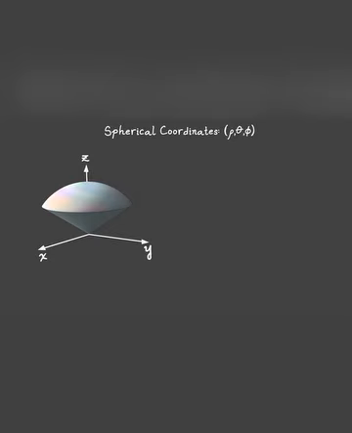And lastly, for phi, since this cone forms a 45-degree angle, or a pi over 4 radians angle with the xy plane, we're going to say that phi, starting at the positive z-axis, is between 0 and pi over 4. These three ranges for rho, theta, and phi form the bounds for our triple integral. So we can find the volume of this solid by looking at a triple integral that is integrating 1.